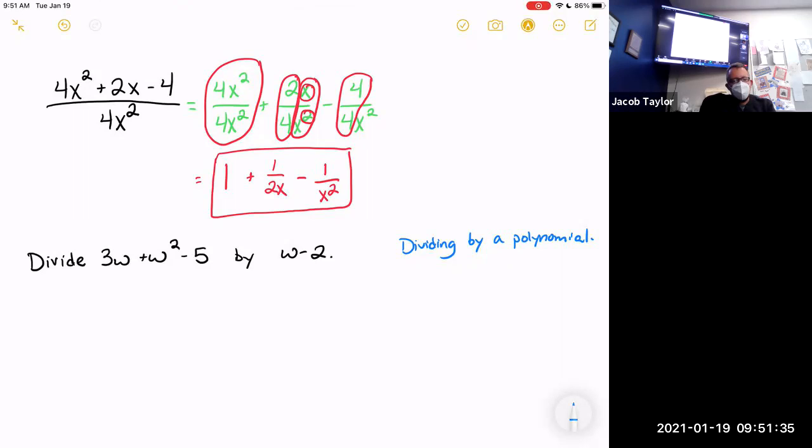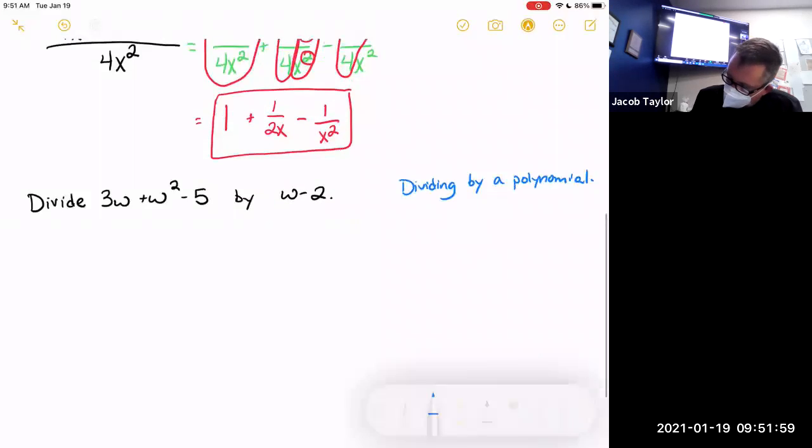We won't today, but soon. Now, when you divide by a polynomial, when you divide by a binomial, the thing that you have to do is long division, just like we did right at the beginning when we did 457 divided by 4. You have to do long division.